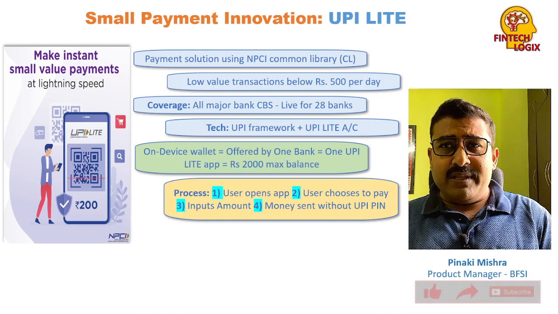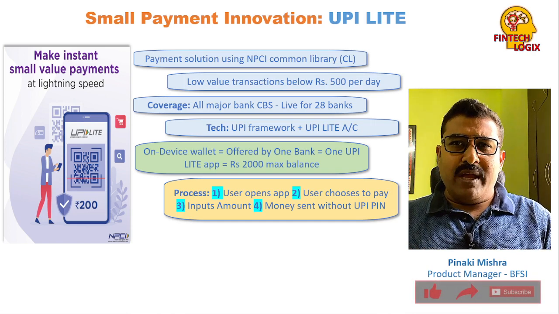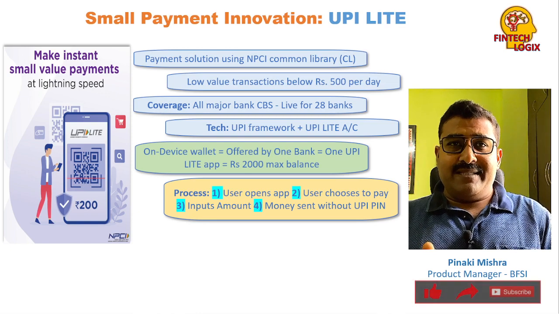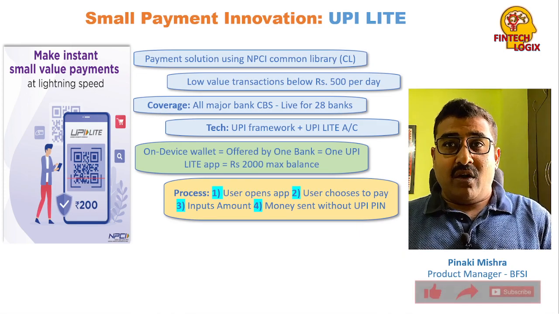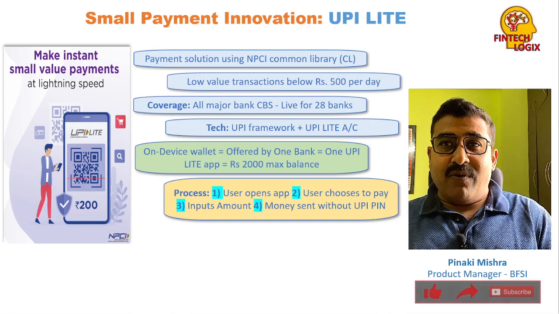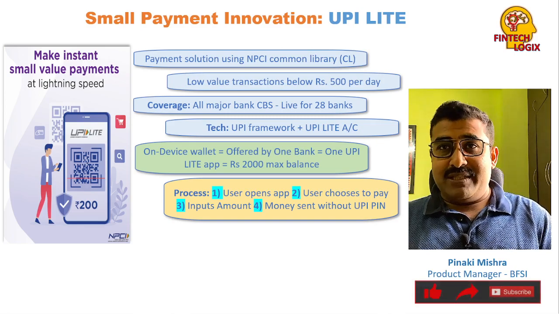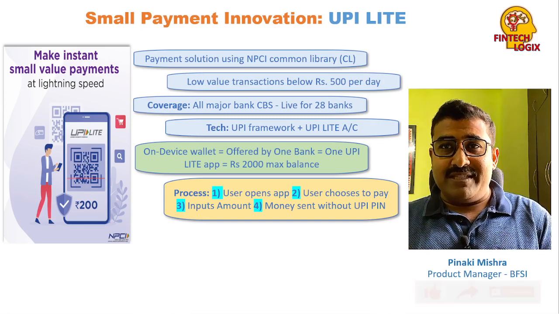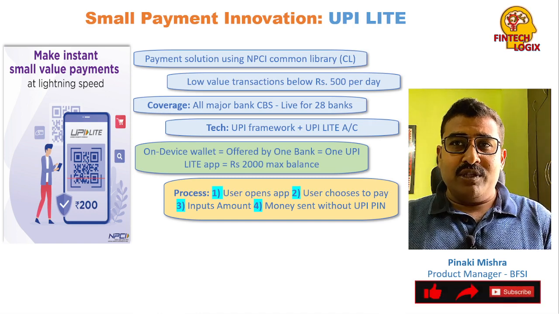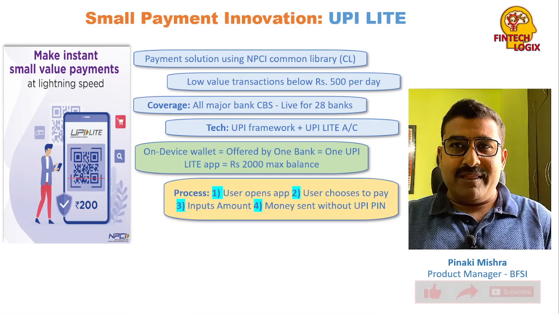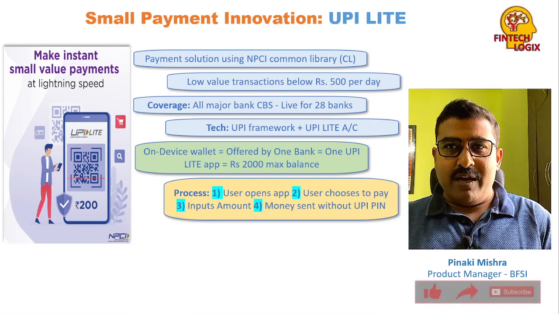Before this process, the user should have registered the device, as we talked about the smartphone, and created a wallet on that device for doing this UPI LITE payment. So as simple as that. You register for it, you open a wallet for that, you make some funds available in that wallet, and then use your UPI LITE app to make the payment throughout your day. Any small value payments are also fine.